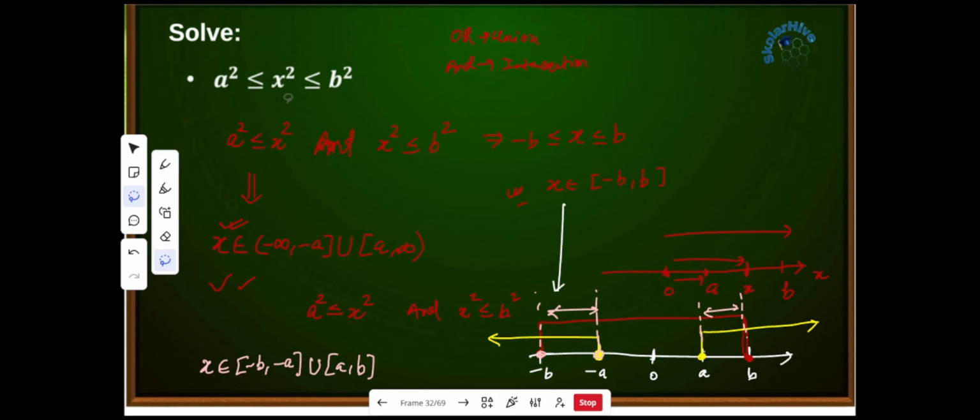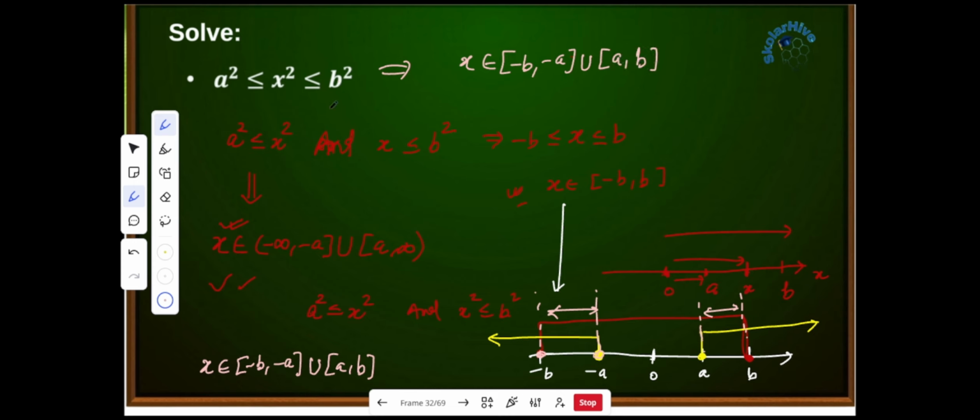If we are given x square less than or equal to b square and greater than or equal to a square, then we can write x belongs to minus b to minus a, union a to b, with b and a included.